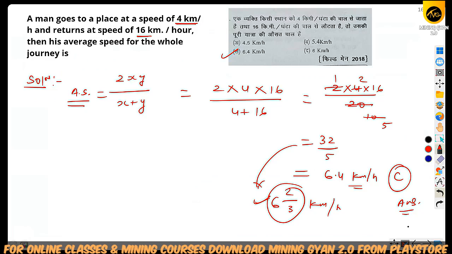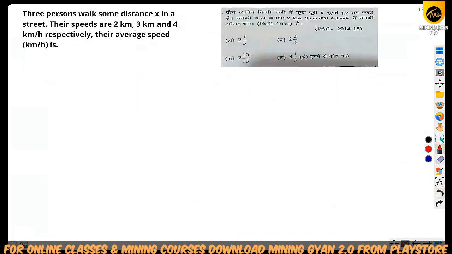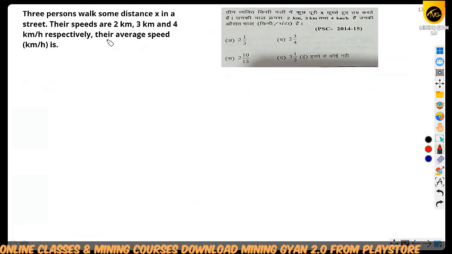Now suppose you have three speeds respectively, then to find the average speed, this is the kind of question: three persons walk some distance x in a street. Their speeds are 2 kilometer, 3 kilometer and 4 kilometer respectively. Their average speed in kilometer per hour is?